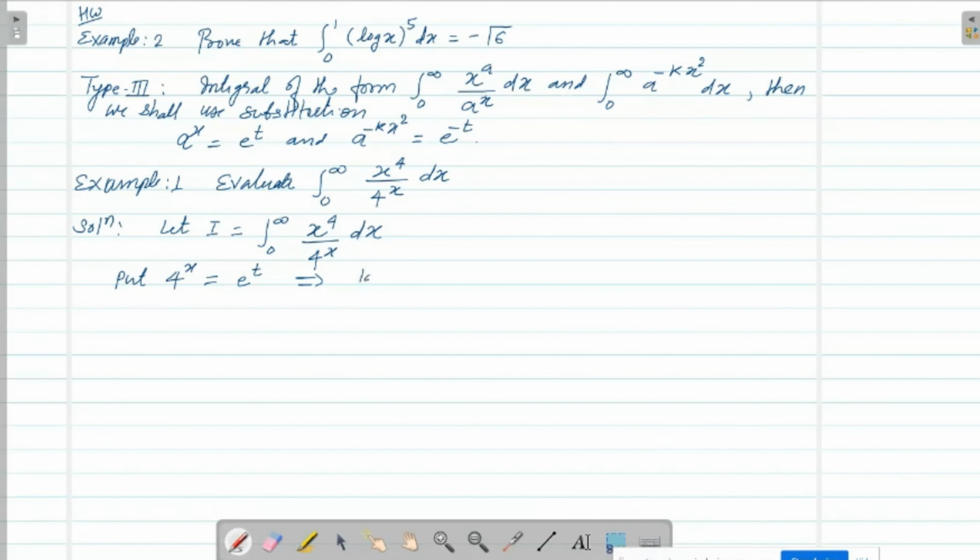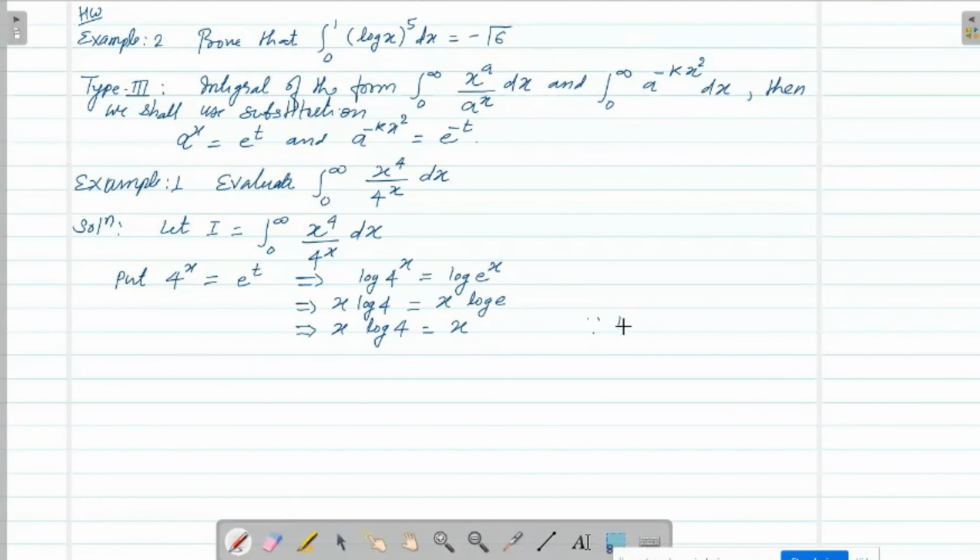Log 4 raised to x equals log e raised to t. Now the power comes down: x log 4 equals x log e. But log e is 1.